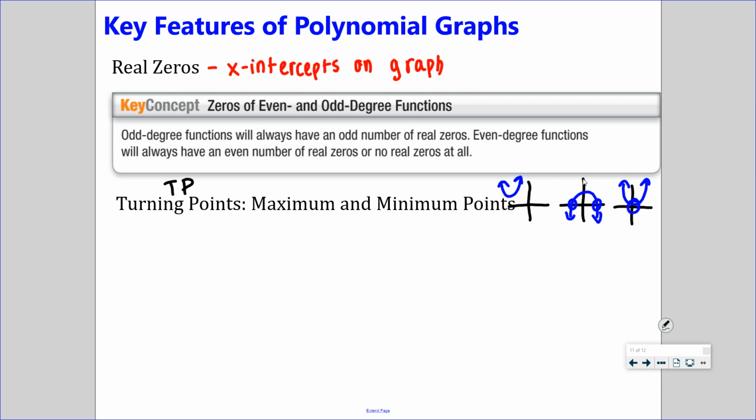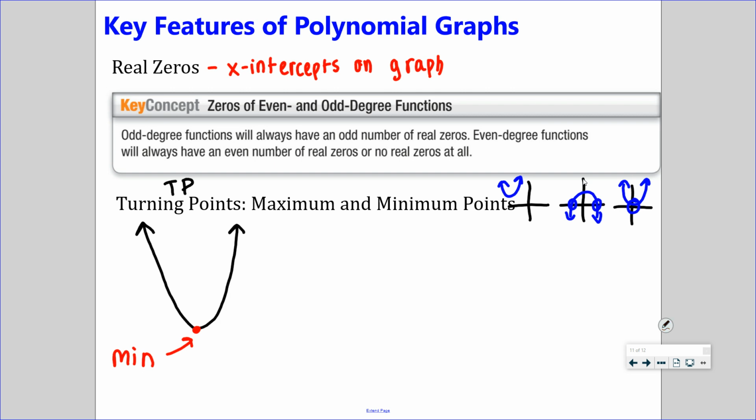If I had a happy face parabola, it'd be decreasing, decreasing, decreasing till I get to my vertex, and then it switches to increasing, increasing, increasing. We call that a turning point. Specifically, would that be a max or a min? Minimum. So these turning points are really just maximum and minimum values.